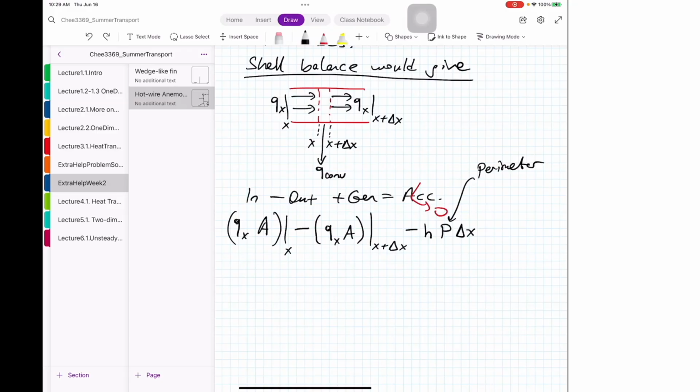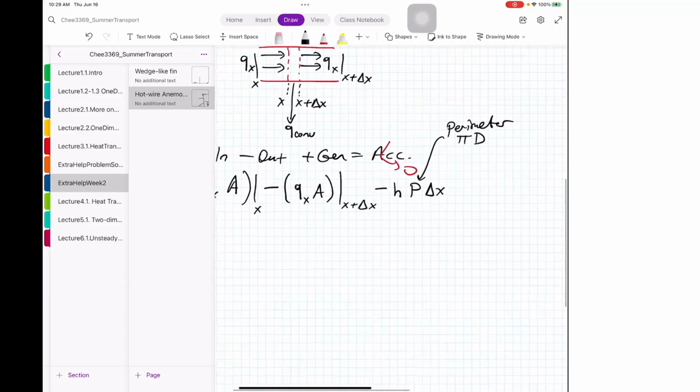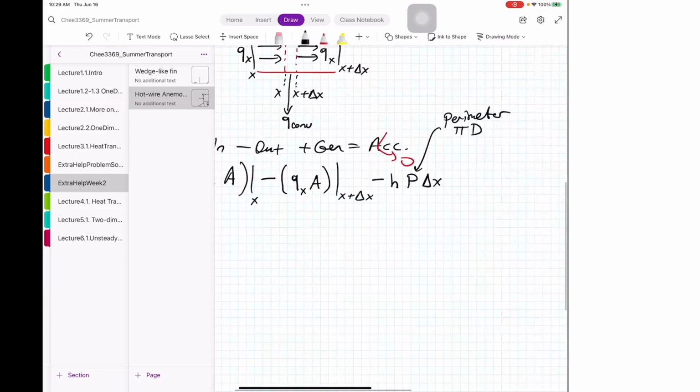Okay. The perimeter is basically pi d, right? Delta x times the difference in the temperature, T minus Tf. Or basically the fluid temperature is given as TL.